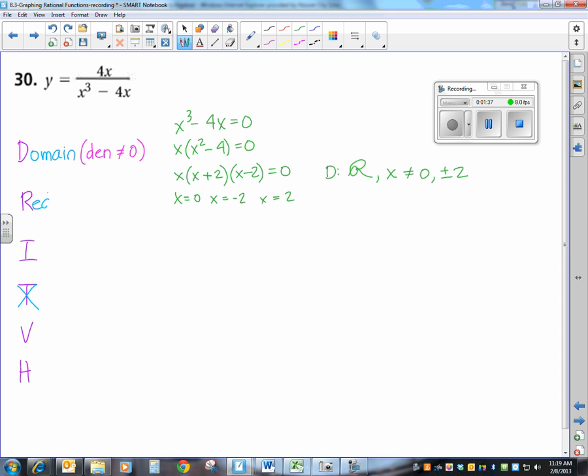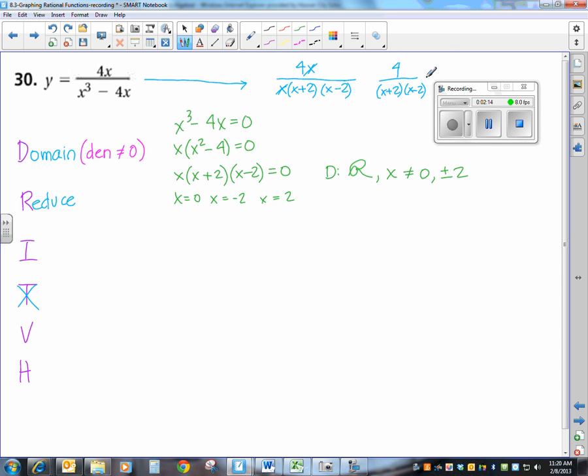Now we need to go reduce it. So using that factored form, my top is 4x, my bottom is x times x plus 2, x minus 2. You can see that that reduces. We have a common x on the top and the bottom. So now my reduced form is going to be 4 over x plus 2, x minus 2.